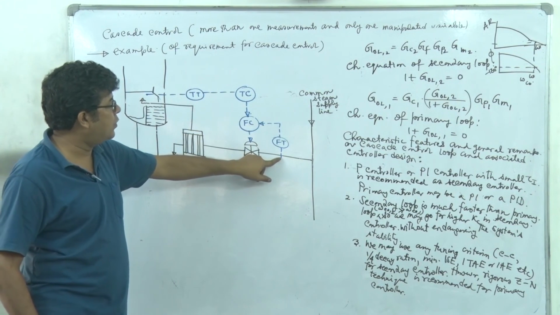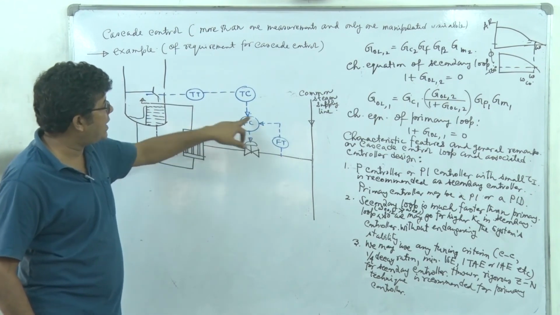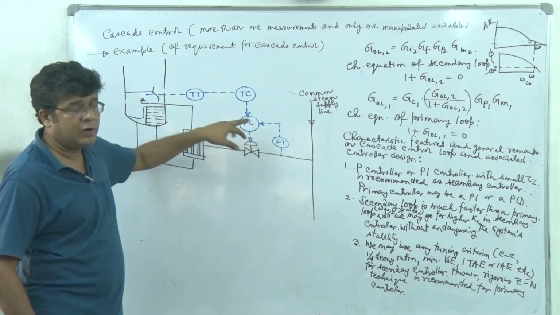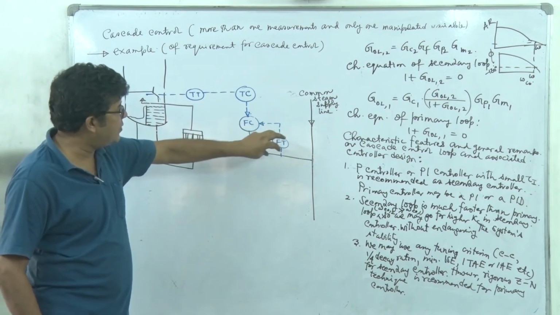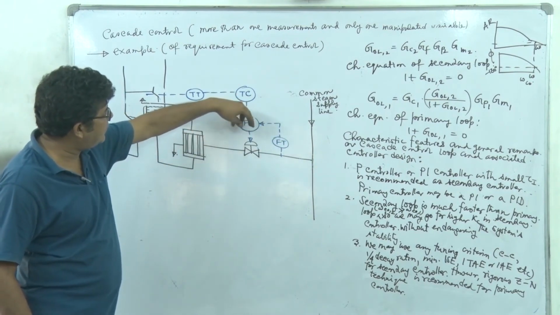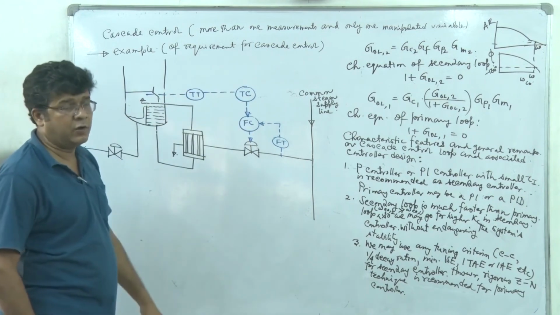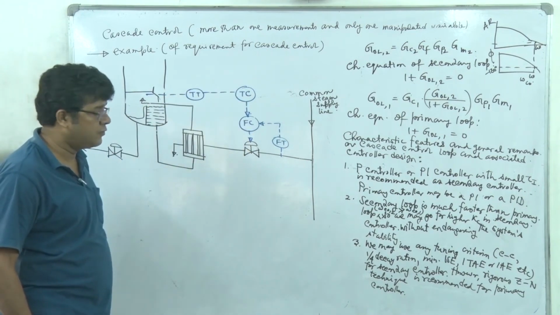So this flow controller will actually measure the flow, and based on this deviation it will open or close this control valve.